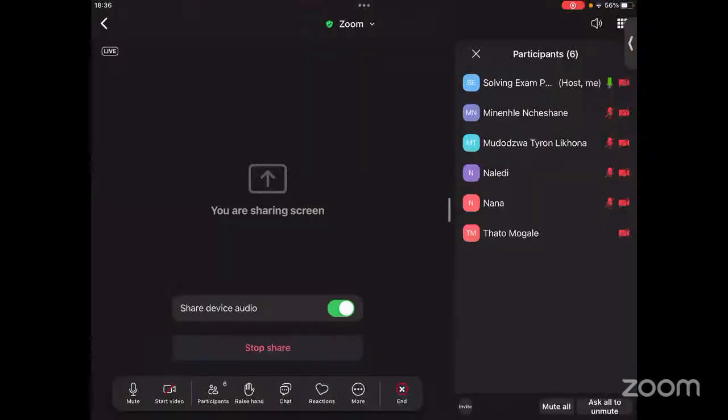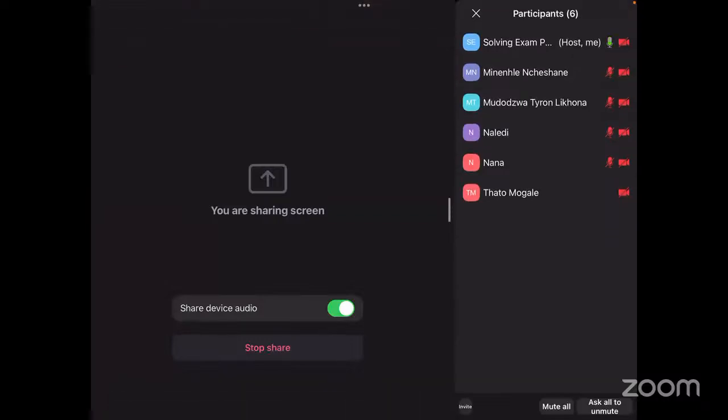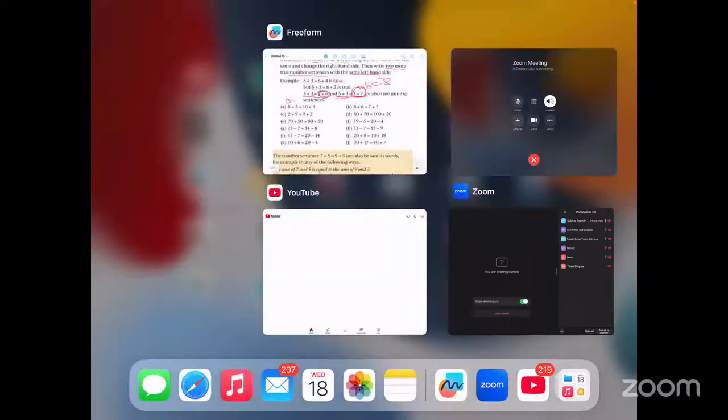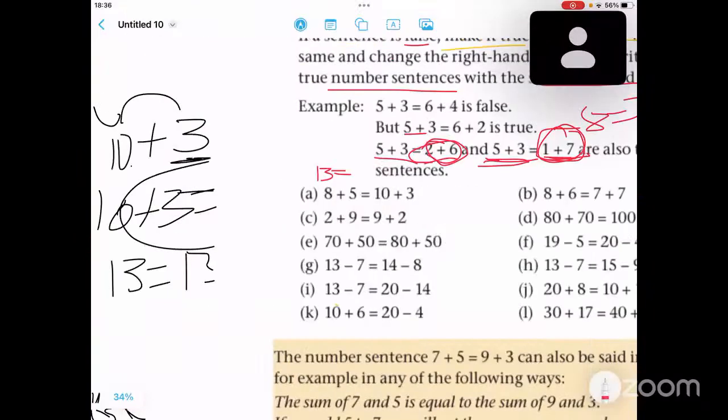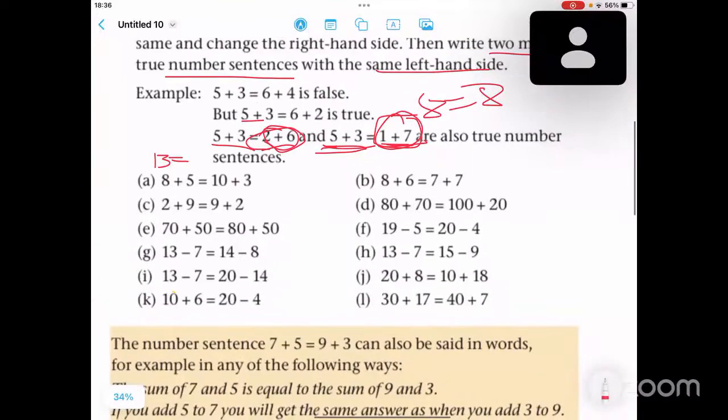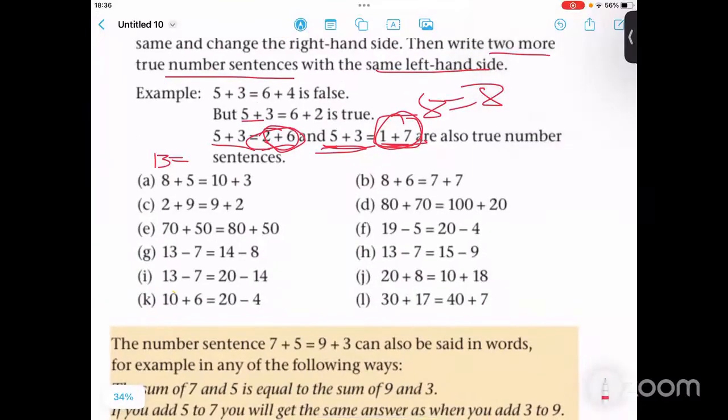I'm not sure what's happening out there. The network seems to be a problem. Okay, Tyron, how much do you get when you add 10 and 3? We get 13.